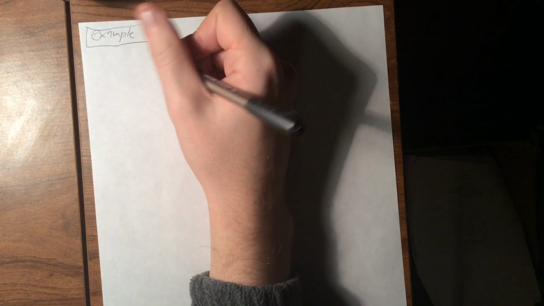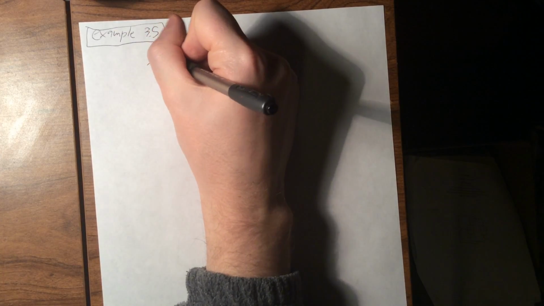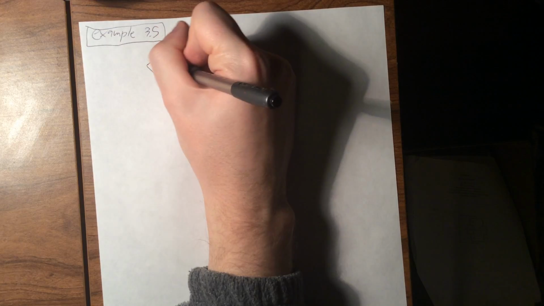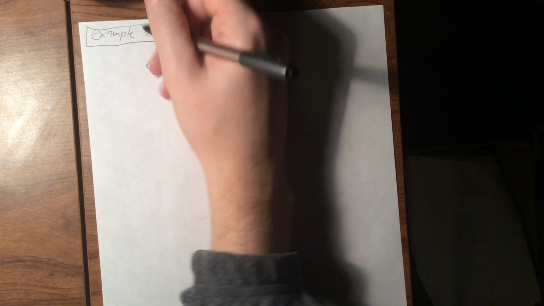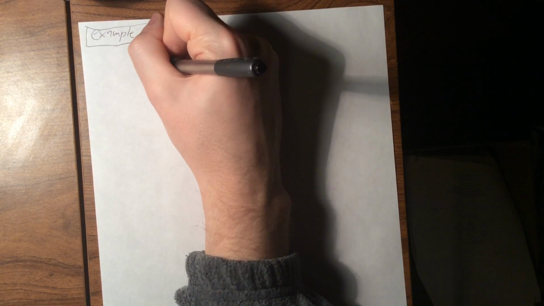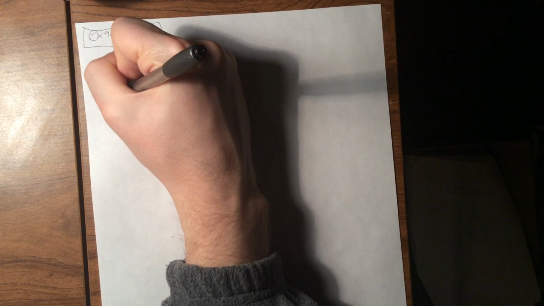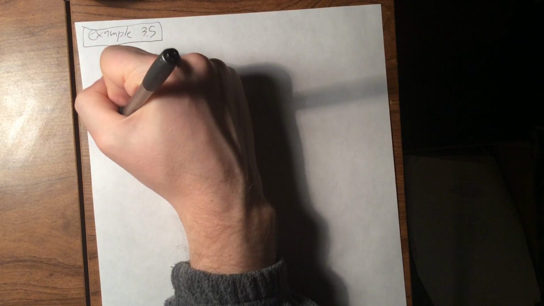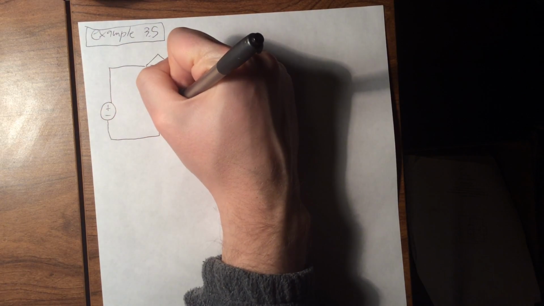So in this one we've got example 3.5, which is a nice little circuit. We've got a dependent current source. We've got an independent voltage source.